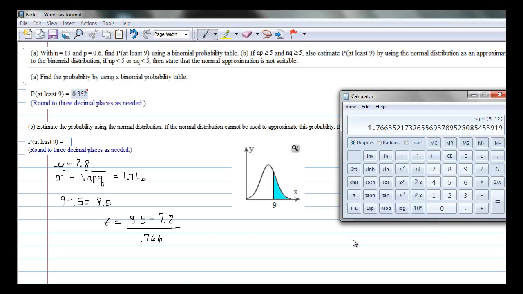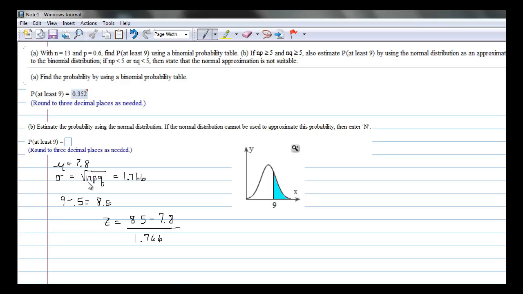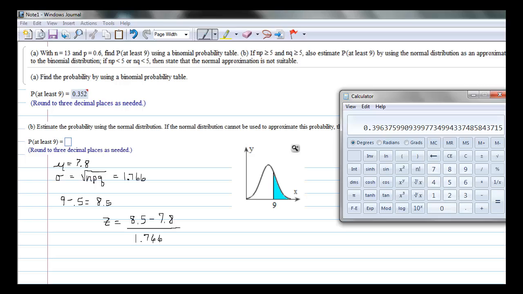So let's get our calculator out again and do 8.5 minus 7.8 and then divide that by 1.766. And so for our z value we get 0.396.